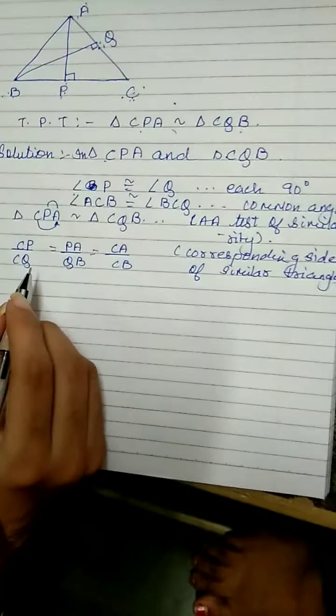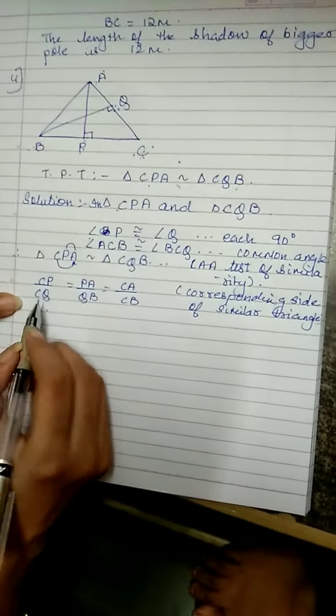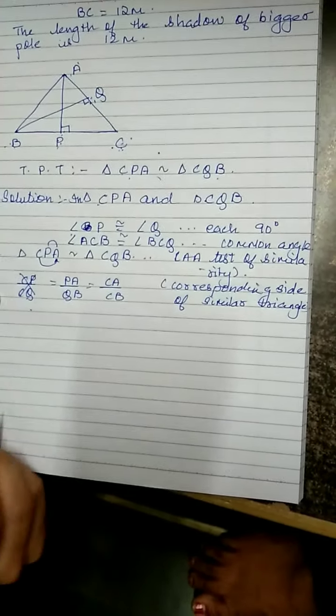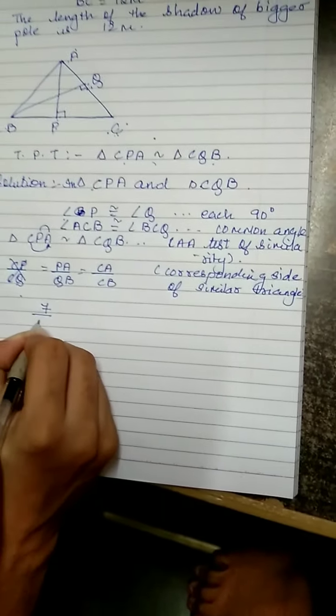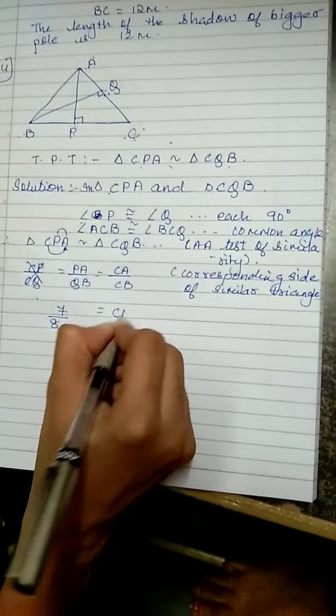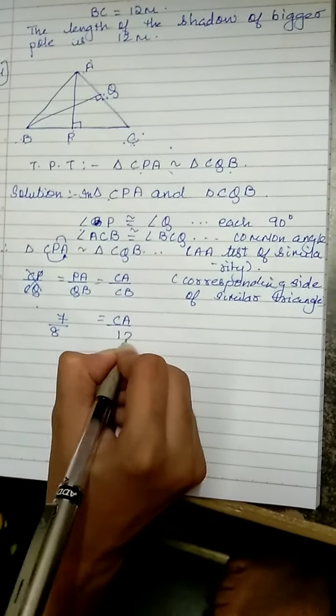Now substitute the values. Values of CP and CQ we don't know, so let us cancel this ratio. PA is 7, BQ is 8, CA we have to find, and CB is 12.